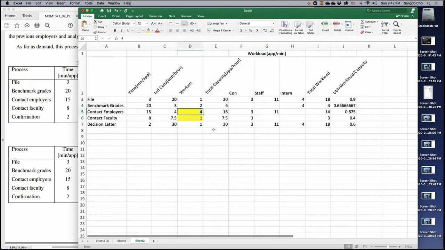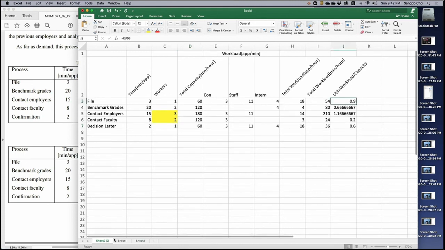We changed this number; the original number was 3 and 2, and this number is the same as our new number. But in this case we are using hourly or minute units for our capacity: how many minutes are available, and how many minutes will be required. Then you can compute the utilization.